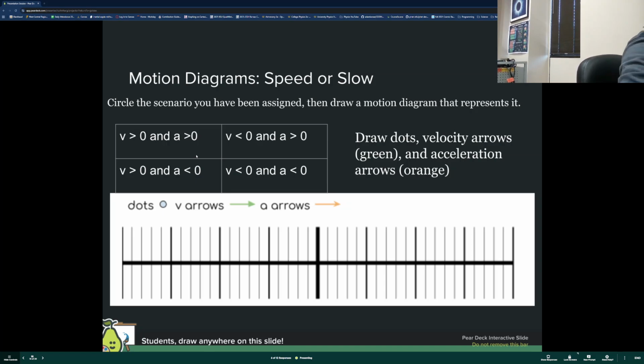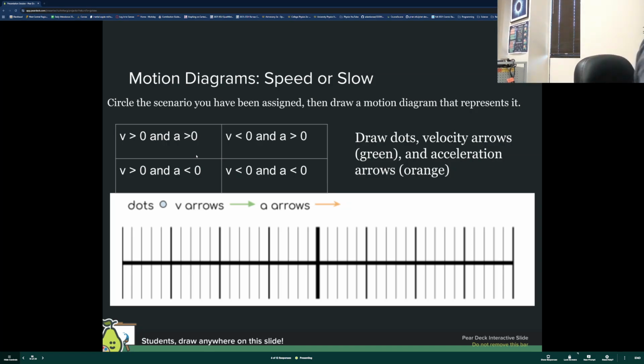I can't look at the first dot because there's no velocity before it. There's only a velocity after it. So the second dot is the first one where there's a velocity before and after. And the acceleration vector is what do I need to add to the before vector to get the after vector.